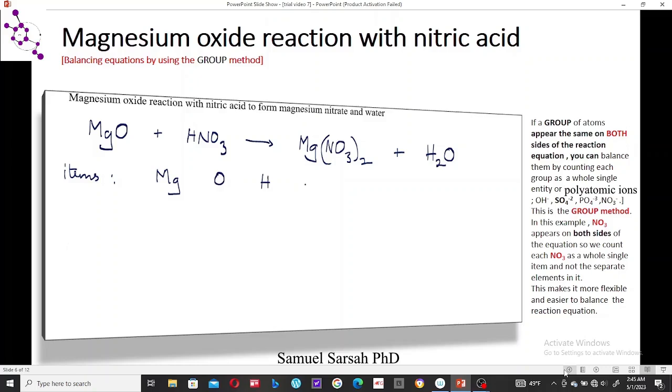So this is nitrate, that is NO3, and this appears on both the left and the right side.